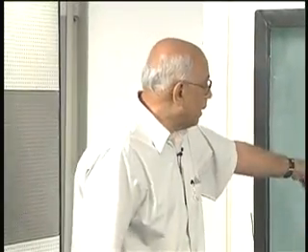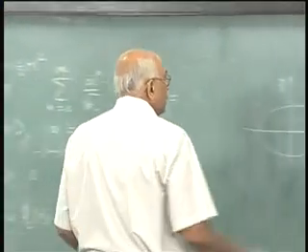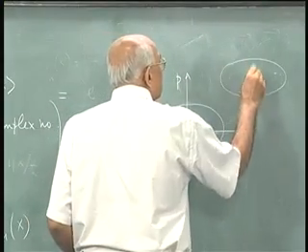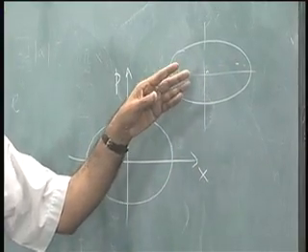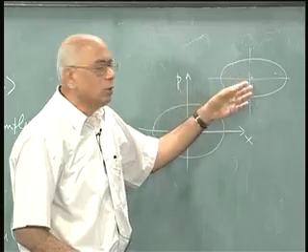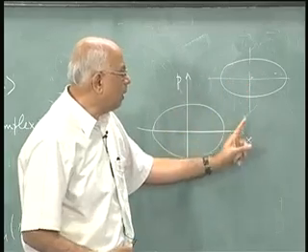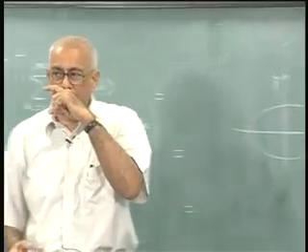Once you apply this displacement operator e to the alpha a dagger minus alpha star a, you get a new state which is also again an oscillator but would correspond to something like this. It is simply displaced from the origin to a new equilibrium point. This is alpha 1, that is alpha 2. That is why I have used the symbol D, and that is why it is called the displacement operator. It displaces this oscillator.